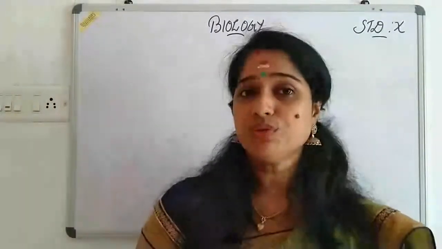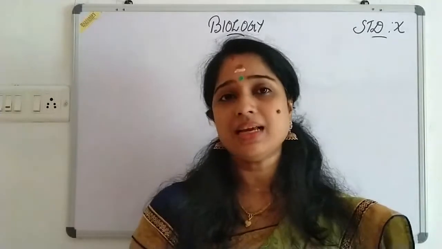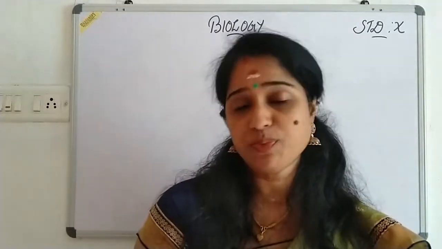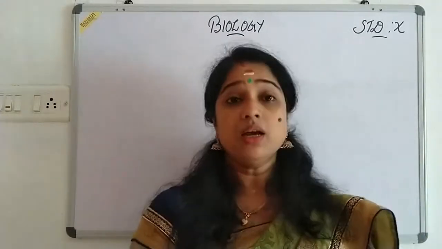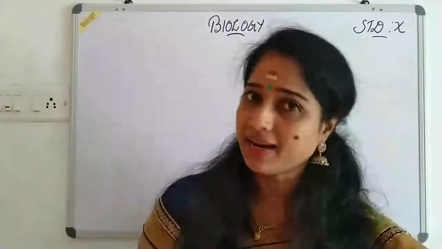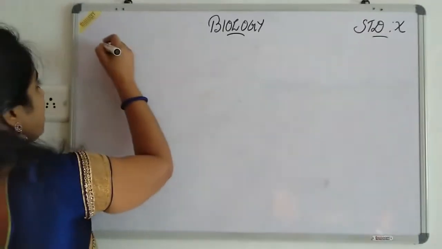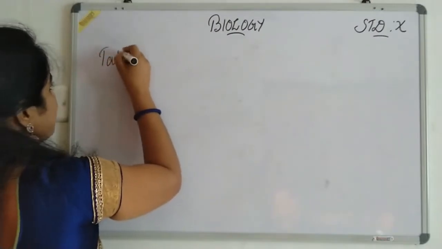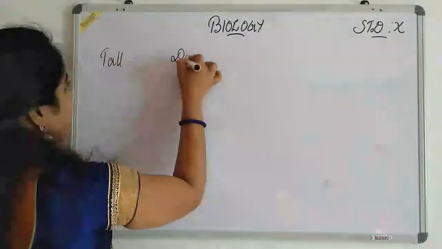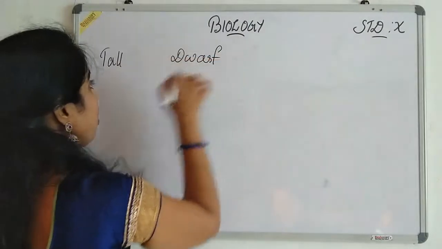And as I told you, the main reason he selected it for his experiment is because of the 7 easily distinguishable characteristics. You know that when we observed, he could see the height of the plant. Some plants are tall and some plants are dwarf or short.